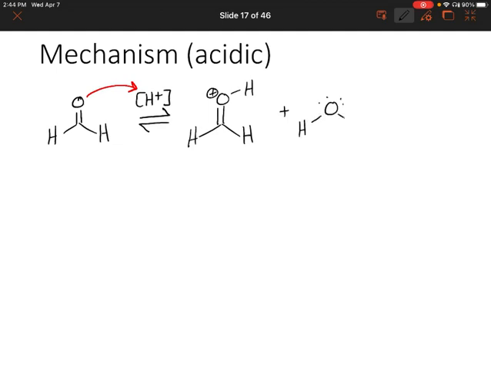I'll just draw the full Lewis structure for that. Okay, so the oxygen is going to come in and attack that partially positive carbon, and we're moving electrons up to oxygen as a result. So we end up with an alcohol on one side, and then we have our water on the other side.